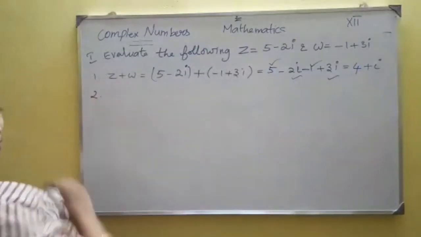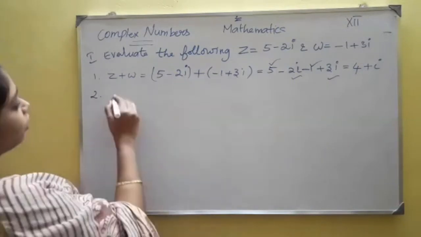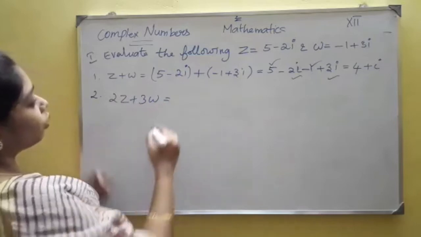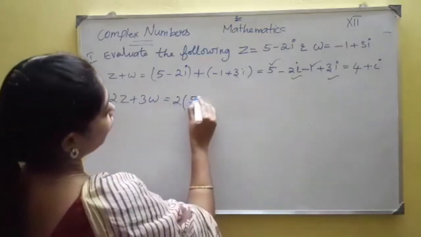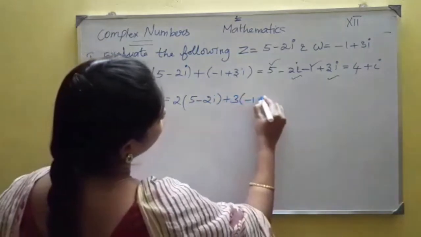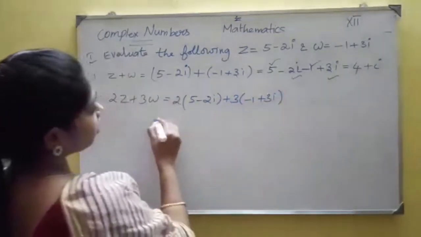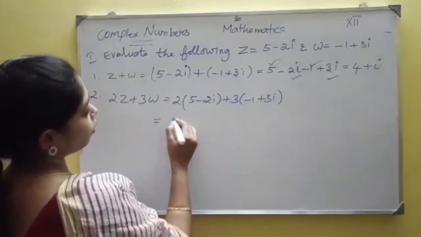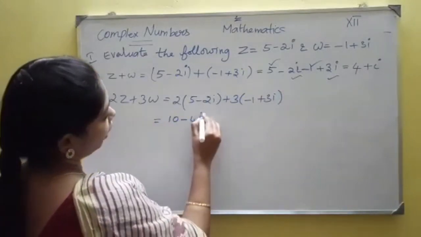Now second one, 2z plus 3w. 2 times your z value, 5 minus 2i, plus 3 times the w value, 3i. Now multiply 2 with the complex number 5 minus 2i. 5 twos are 10, minus 4i.